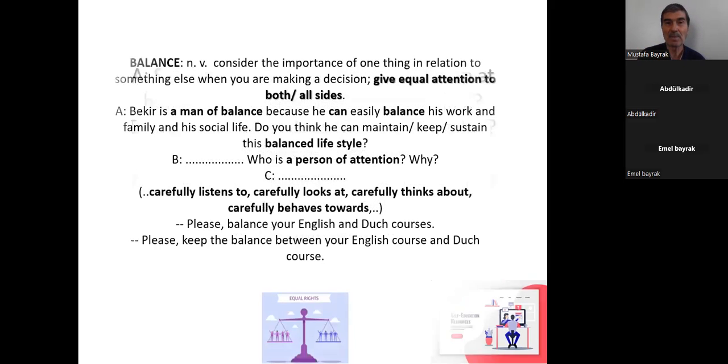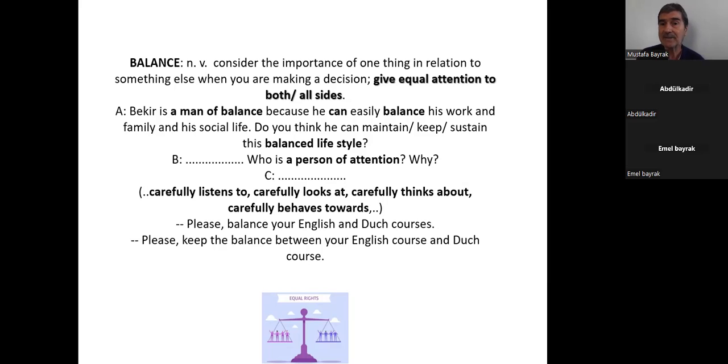Okay. So balance is another good word. Consider the importance of one thing in relation to something else when you are making a decision. Give equal attention to both or to all sides. Bekir is a man of balance because he can easily balance his work and family and his social life.